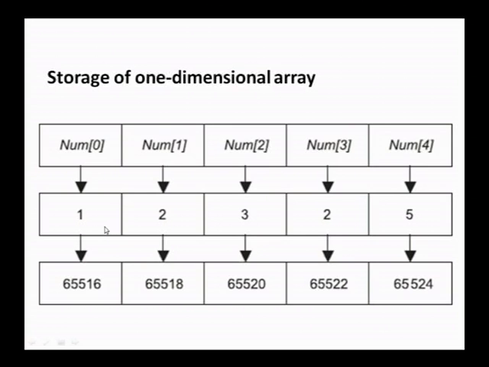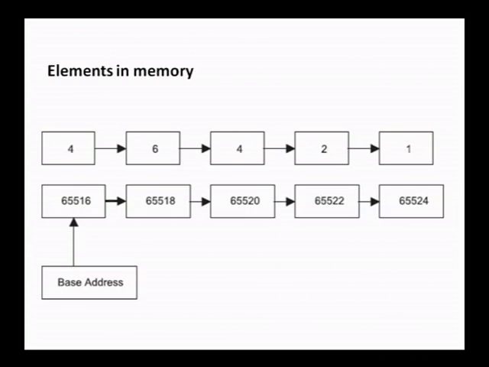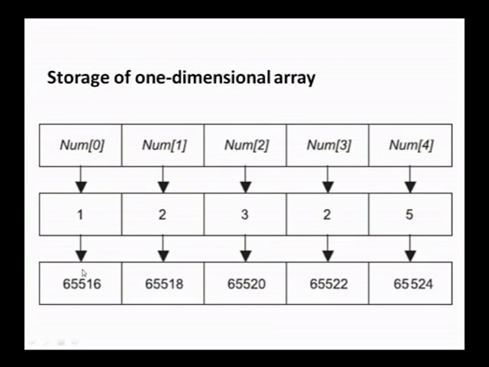We have named this array as num, that is NUM, and since 1 is the first element in the array, the position number assigned to it is 0, and subsequently all the elements have their own position numbers or the subscripts or the index, that is 0, 1, 2 etc. And in the memory, suppose we have the address allocated for the first number of the array as 65516.